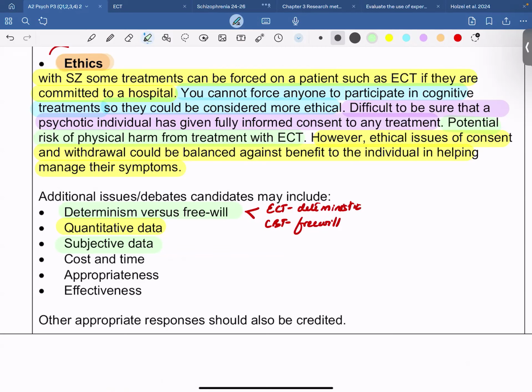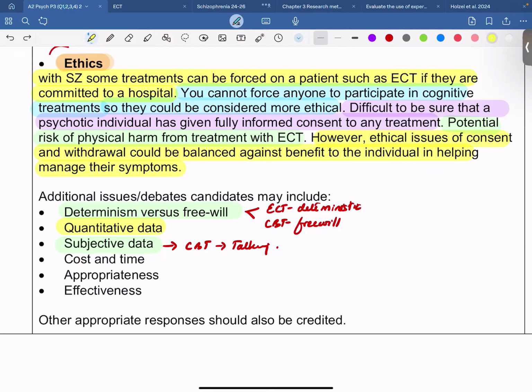So you could say that CBT is more aligned towards the subjective side of the debate if you're comparing it with objective data. On the other hand, ECT offers little subjective data as the patient's experience during treatment is very limited. So CBT has a lot to do with talking, and talking has a lot to do with subjective data being collected.